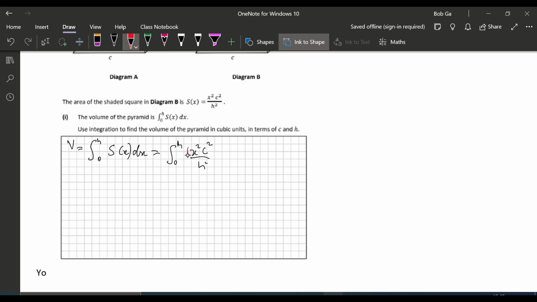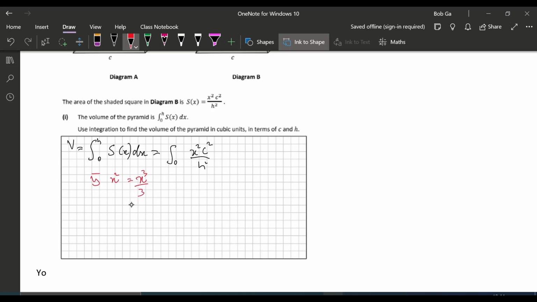So the antiderivative of x squared with respect to x is equal to x cubed over 3. It is given by x cubed over 3.